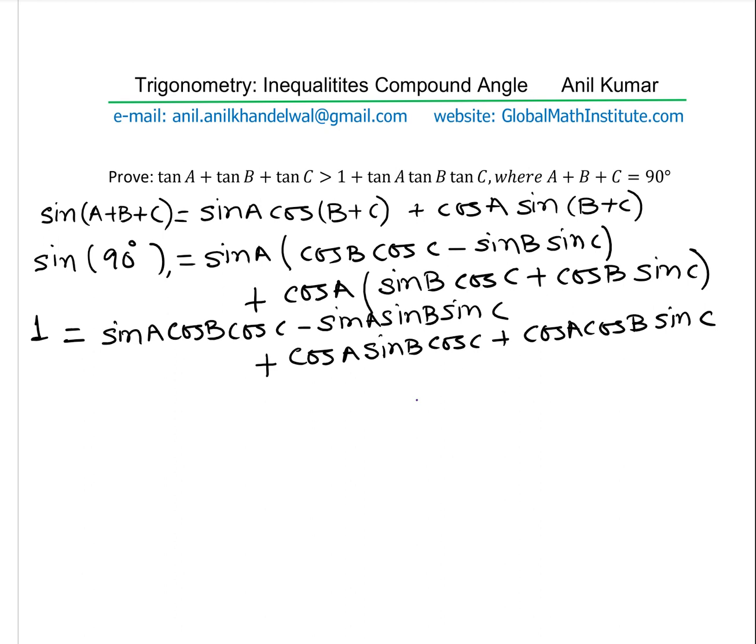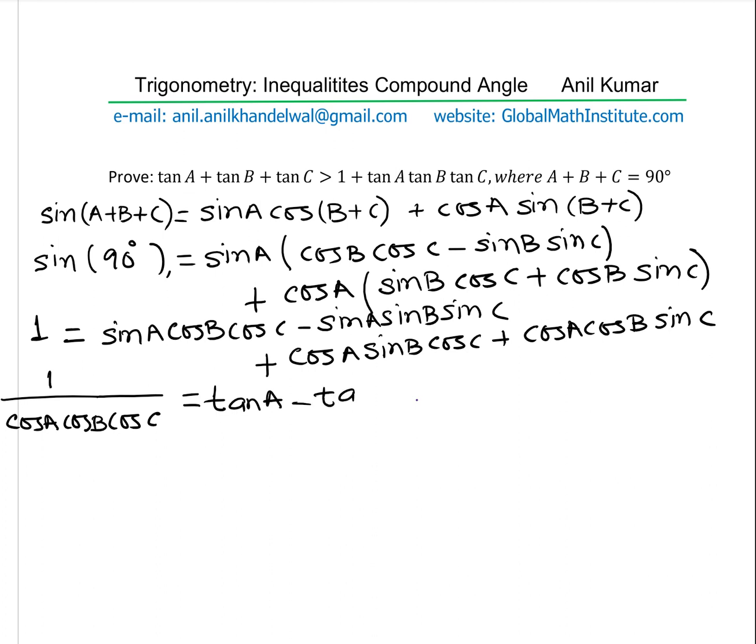Now let us divide both sides by cos A cos B cos C. Now that is the strategy, okay? So when you divide this, in the first term you get sine A over cos A, correct? Which is tan A. Here you get all terms in tan.